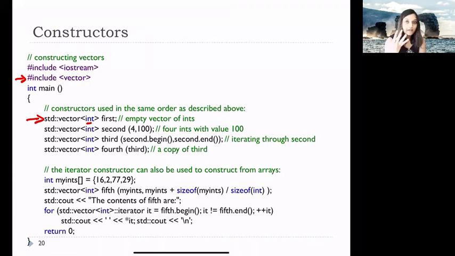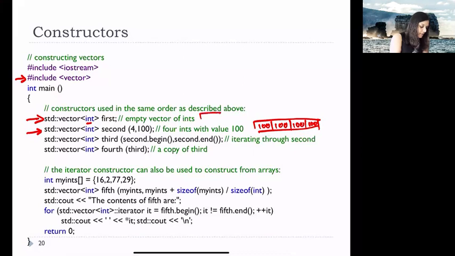We are not saying what size this vector is in that case. In the second statement over here, you are saying that the second vector is of size 4, and you are initializing all the 4 ints to 100. So this is going to store 100, 100, 100, 100.